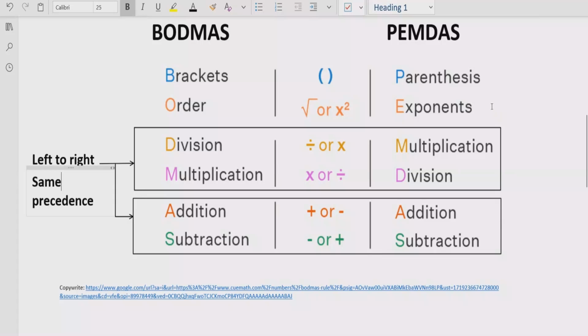If division comes first, you solve the division first, and if multiplication comes first, you solve the multiplication first. Similarly, addition and subtraction follow the same rule. We can solve addition first if it comes first going left to right, and we can solve subtraction if it comes first.